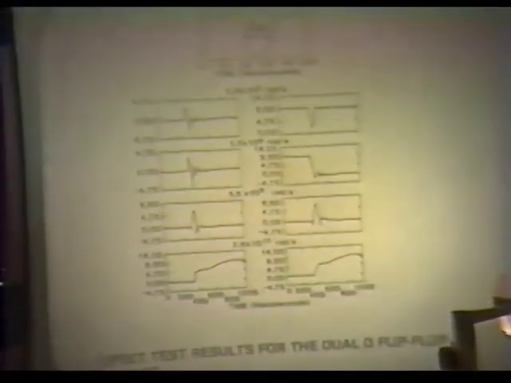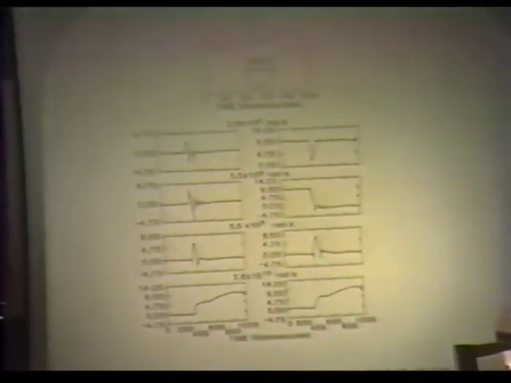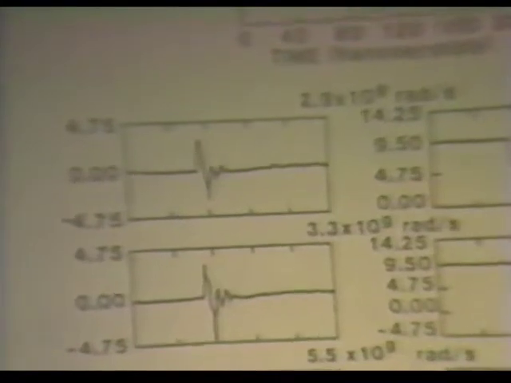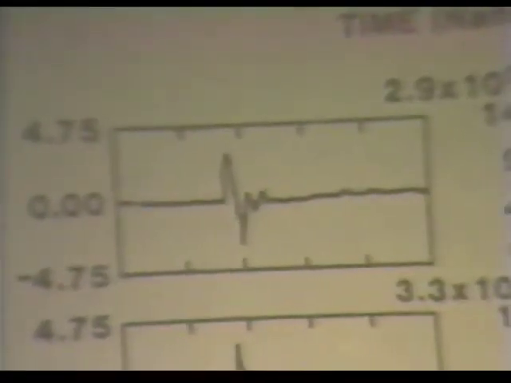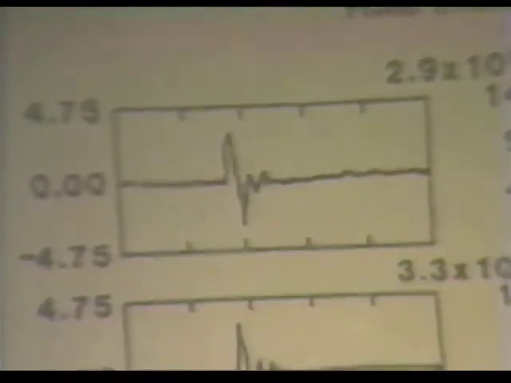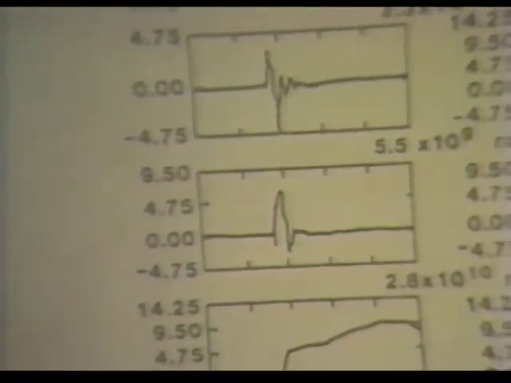And I'm looking at the outputs, several of them, and you will notice that this is just the point where this D flip-flop is upset.